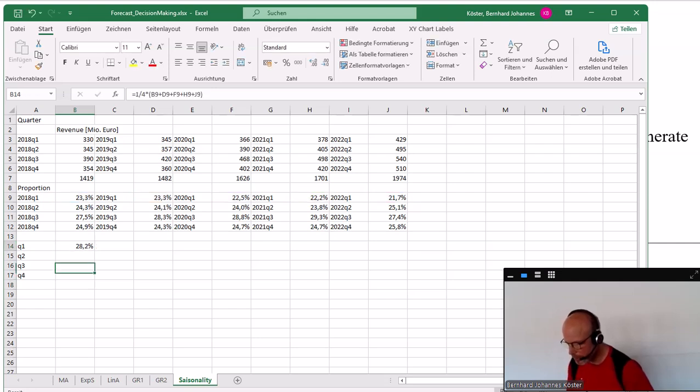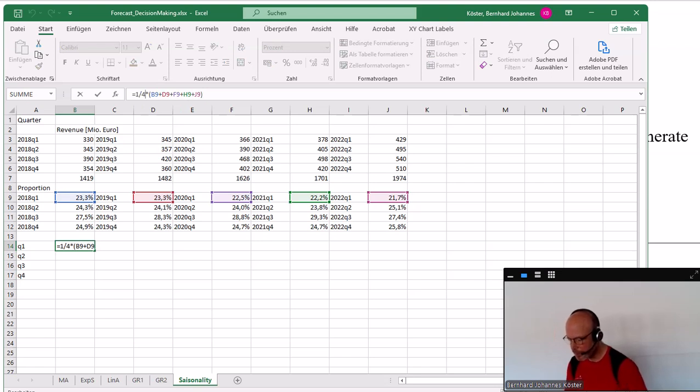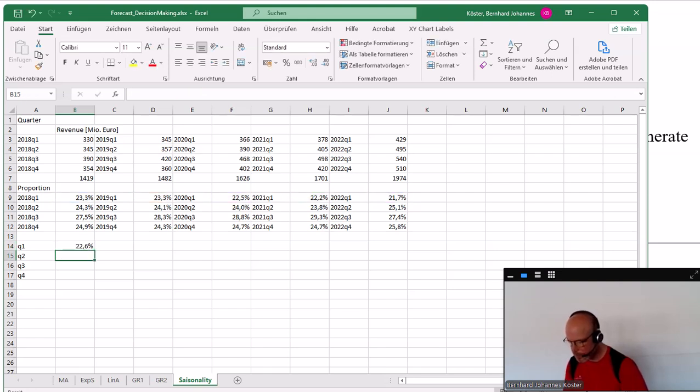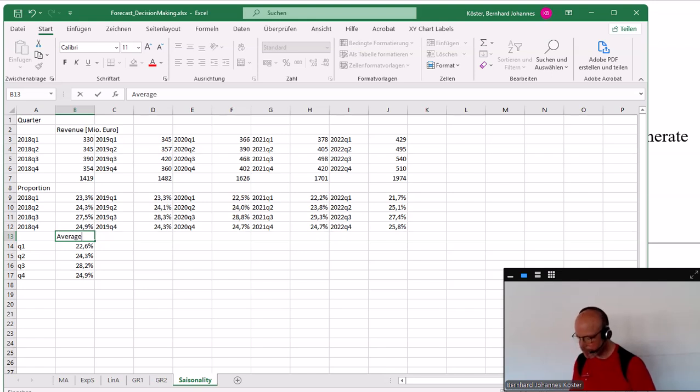This and divided by 5. This should work now. These are the average.